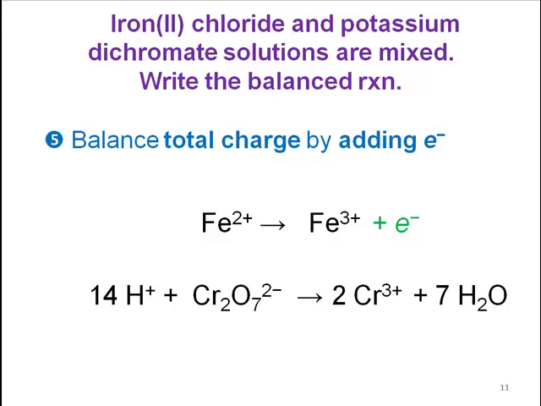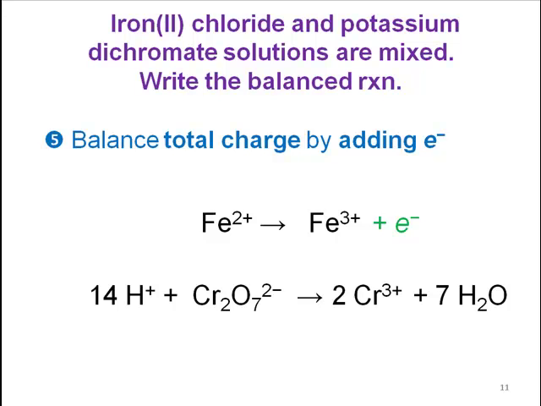And now the bottom one. Got to do some math. We got how many positives here? 14 positives. How many negatives? 2. 14 plus negative 2 is what? 12. Positive 12. So we got positive 12 on the left and positive 3 on the right. Oh, positive 6. Thank you. There's a 2 in front.